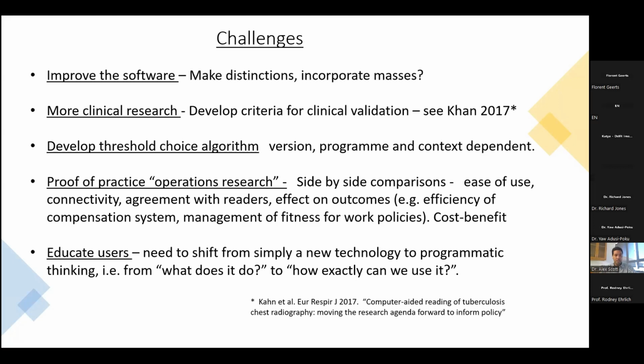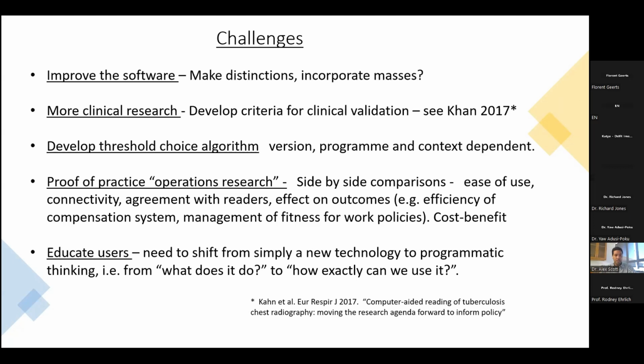In other words, a practical guide or set of criteria by which clinical validation studies should be judged. The problem of threshold shifts needs an algorithm for the local users. It's a question the user needs to ask: what threshold should I use?